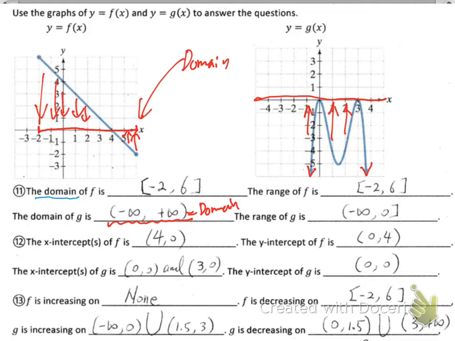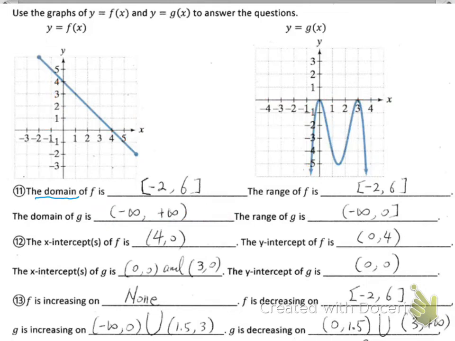So now let's look at the range. For the range, we project everything to the y-axis. So this is all the possible y. The blue line is projected to the y-axis. So where is the minimum?